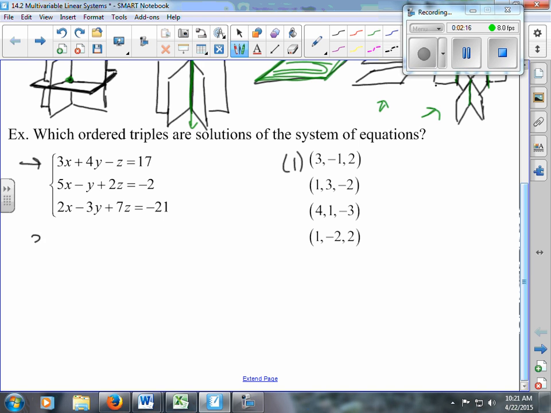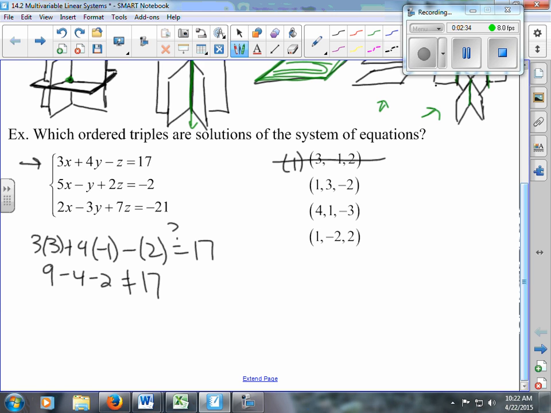If x is 3, then I have 3 times 3, and y is -1, so I'll have 4 times -1, minus z, and does that equal 17? 9 minus 4 minus 2. That does not equal 17. So my first point is not a solution to the system because it's not even a solution to the first equation.